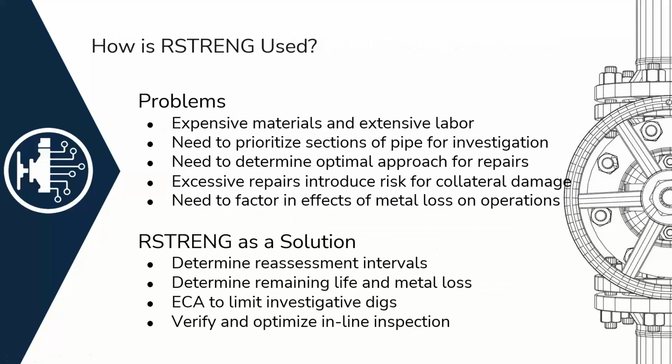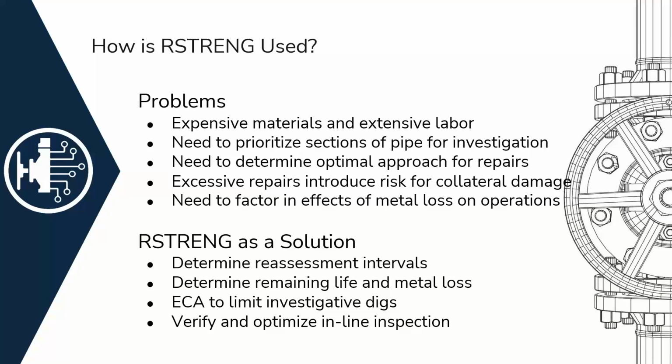There we go. Okay. So how is RSTRENG used? Well, it's used quite a lot today. Because of the cost of materials and extensive labor, we've got to get it right. And one of the things is the tool will help prioritize the sections of pipe under investigation.